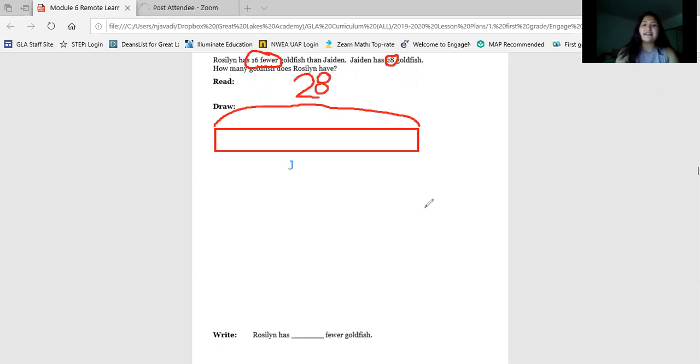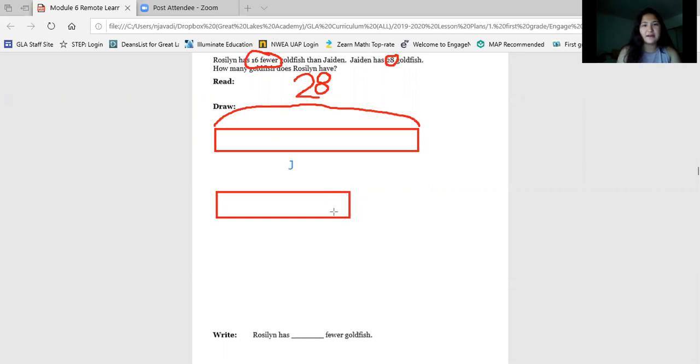Nice job. Now we got to draw what we know about Roslyn. We know that Roslyn has 16 fewer or 16 less than Jaden. So if Roslyn has 16 fewer, that means Jaden has 16 more. So I'm going to draw a tape to show Roslyn's.